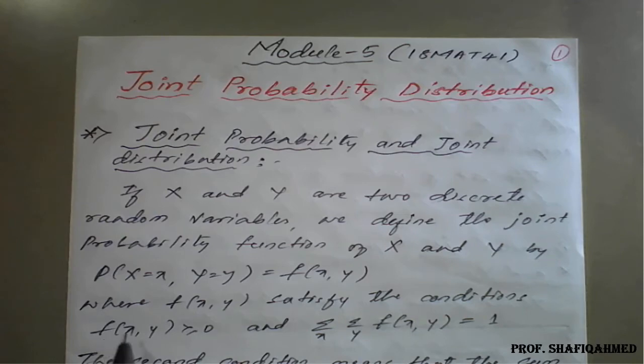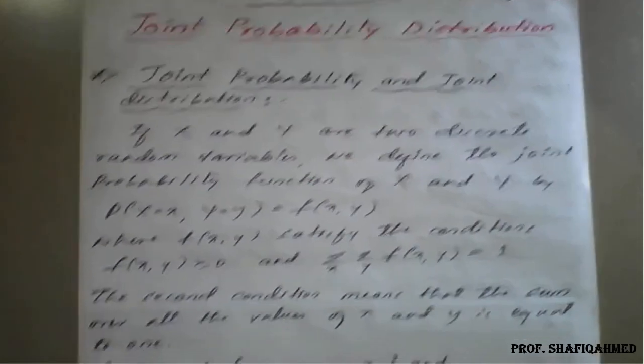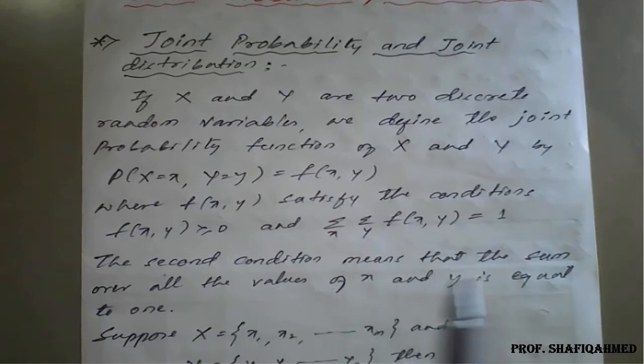So f of xy should be positive, that is greater than or equal to 0, and the summation over x as well as the summation over y of f of xy is always 1.